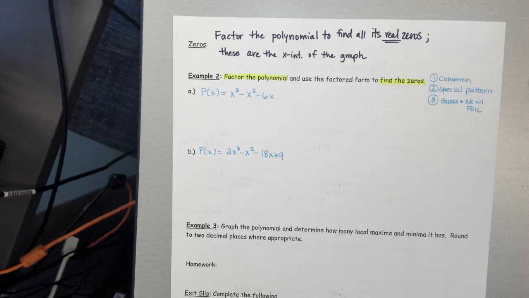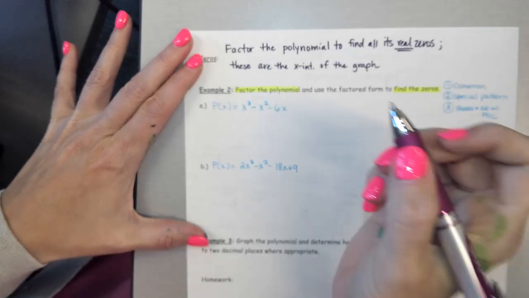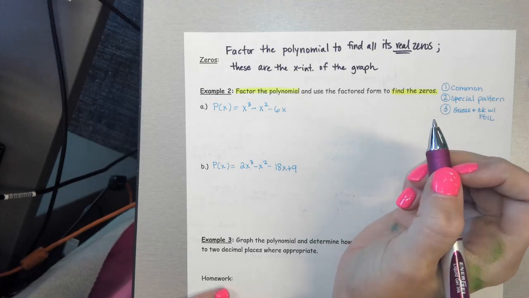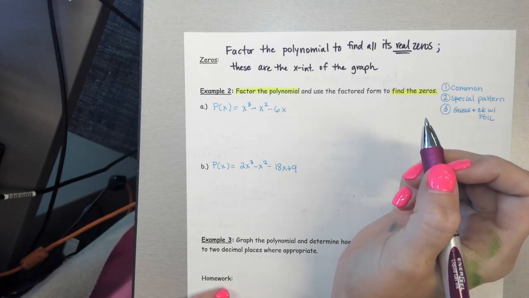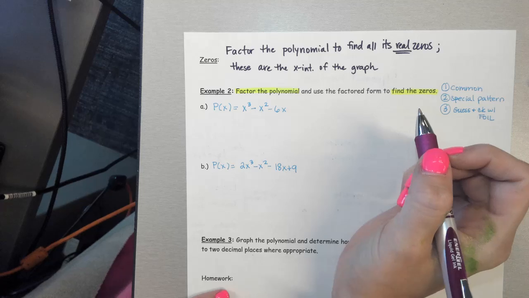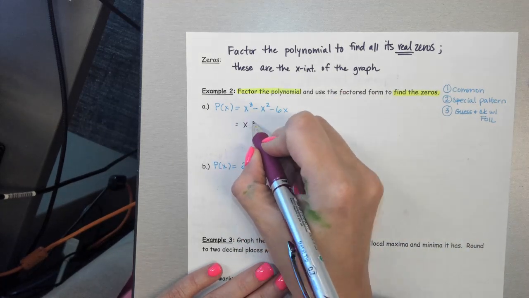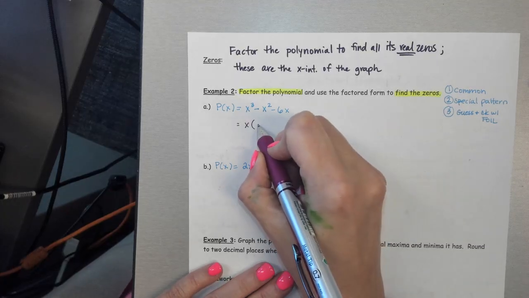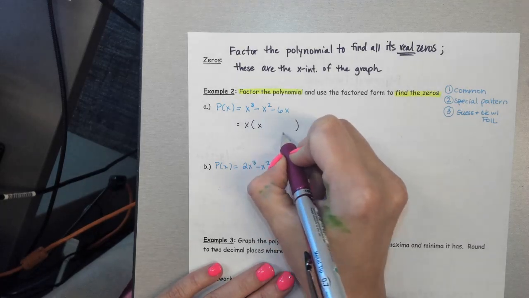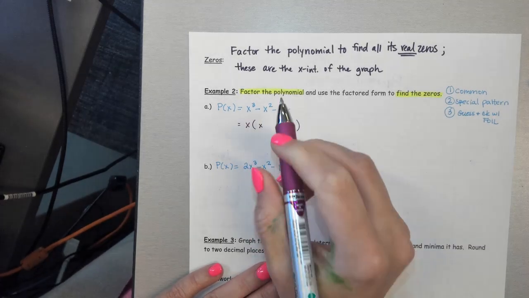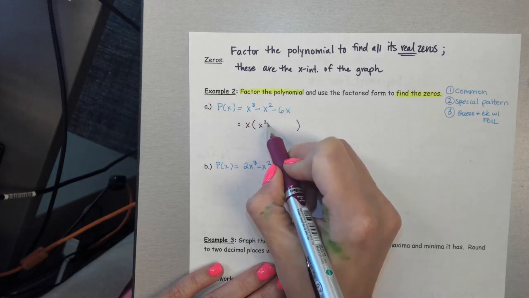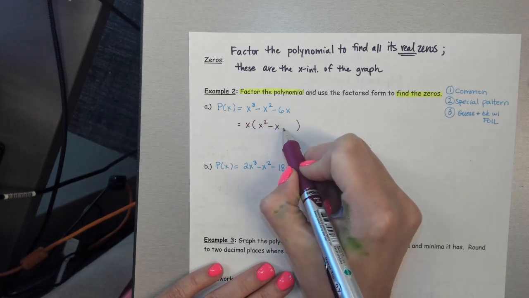Okay, so for part A, what did your row do first? Yep, and what was that? What'd you take out? X, yep, okay, and then what'd you get inside? Inside here, x squared minus x minus 6.